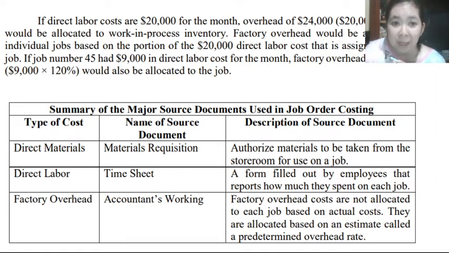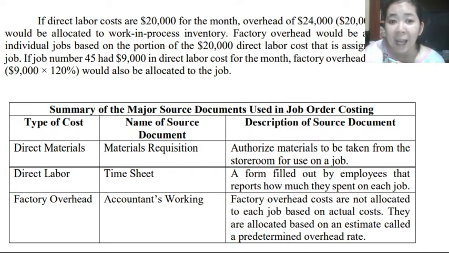So in summary, for the major source documents used in job order costing, we have the type of cost. For direct materials, the source document is the materials requisition form. This source document authorizes materials to be taken from the storeroom for use in the job. For direct labor, our source document is the timesheet. This is a form filled out by employees that reports how much time they spent on each job, to calculate the labor cost.